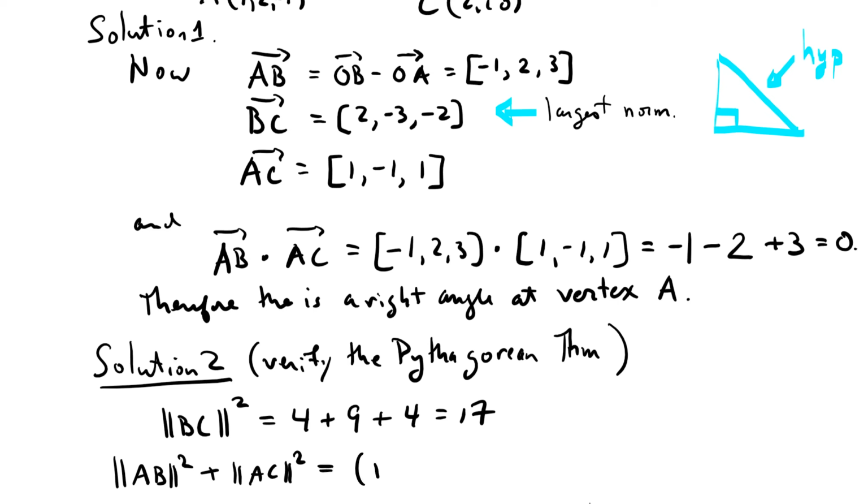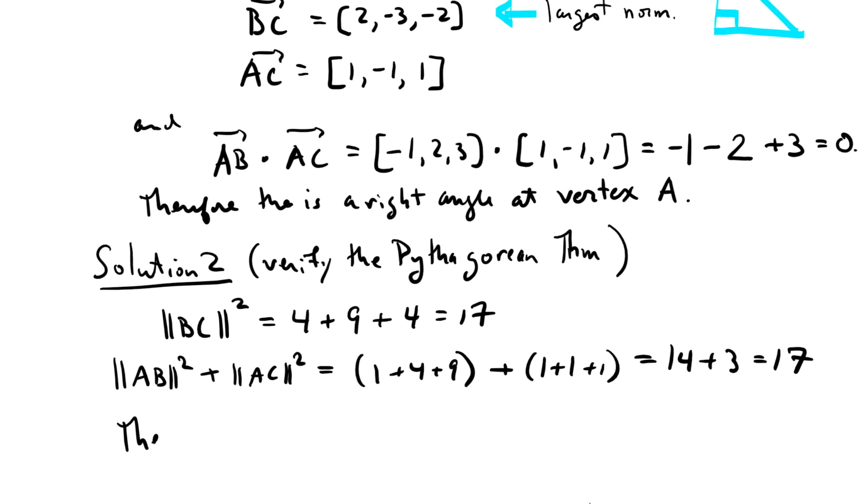And if I do this, I get 1 plus 4 plus 9 for AB. And for the other side, I get 1 plus 1 plus 1 when it's squared. And when you add those up, you get 14 plus 3, which is 17. Okay, and therefore AB squared plus AC squared equals BC squared.